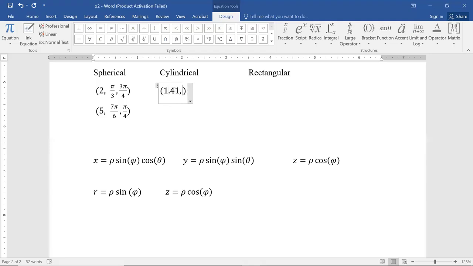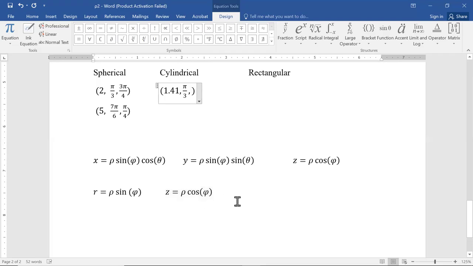I'm going to give decimal versions of this answer. In cylindrical coordinates, the theta is still pi over 3. And then the z is going to be rho times cosine of phi.